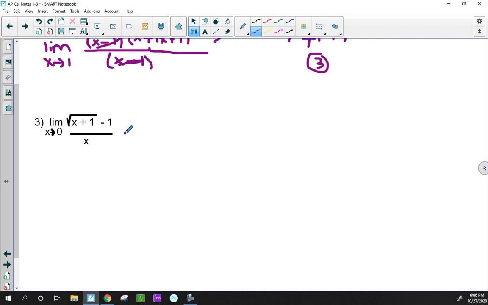The difference here though is this radical is not on the bottom, so this might look a little strange to you, but in order for me to get this problem in a different algebra form so I am able to substitute 0 in, I'm going to have to rationalize from the top. And so it's going to look like this.